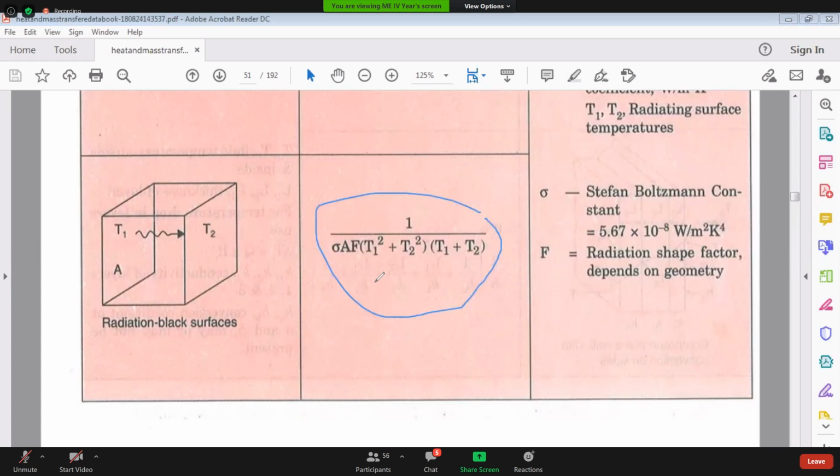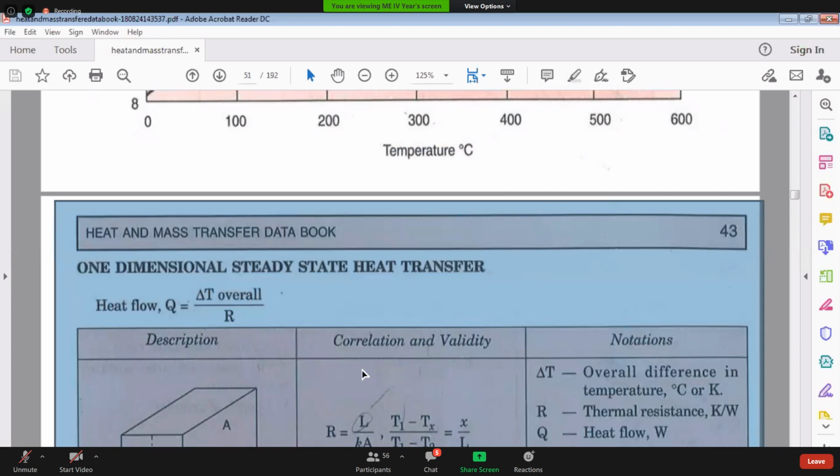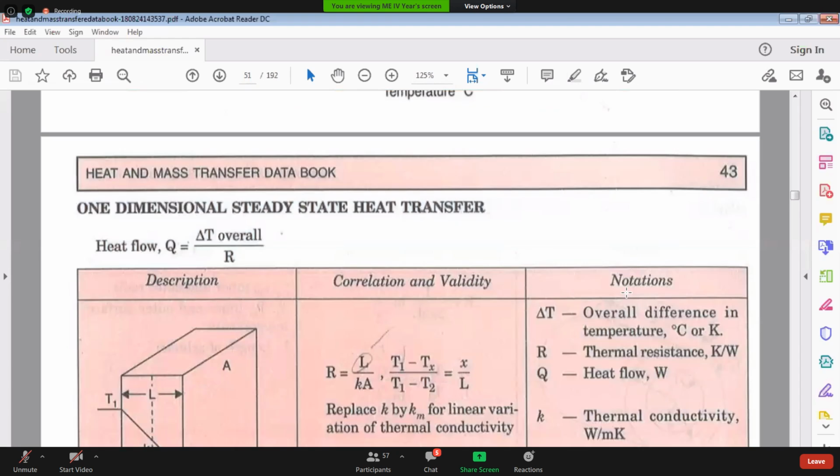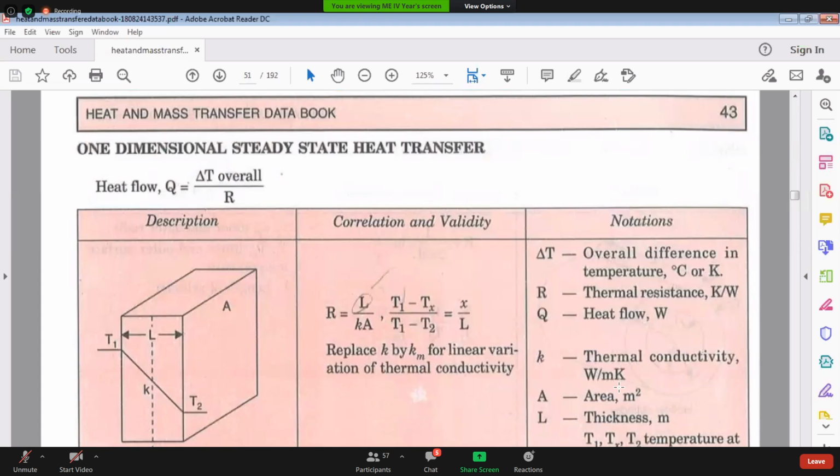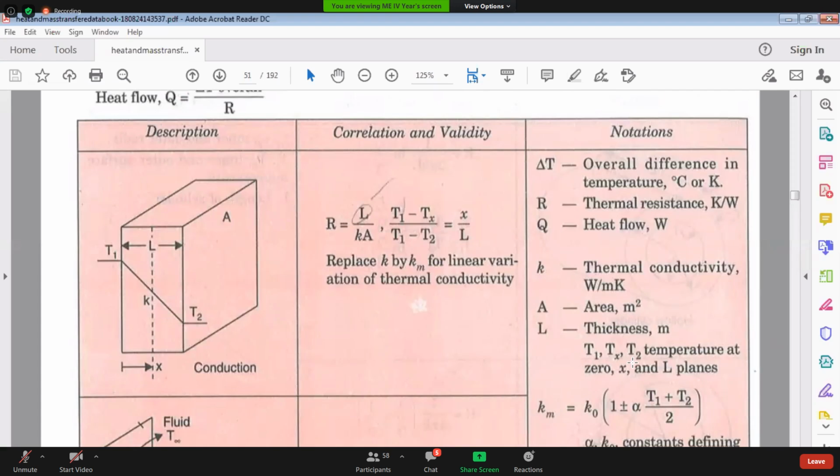Right? Don't worry. In every case, in the first column, description will be given. Second column, correlation or validity will be given. Third column, notations. Q means heat flow, in watts, with units given. K means thermal conductivity. Area is nothing but area.